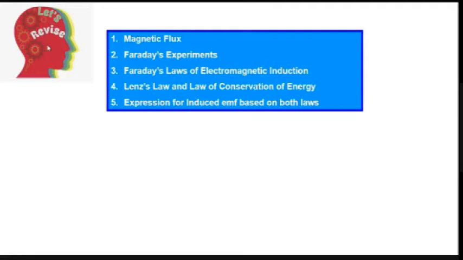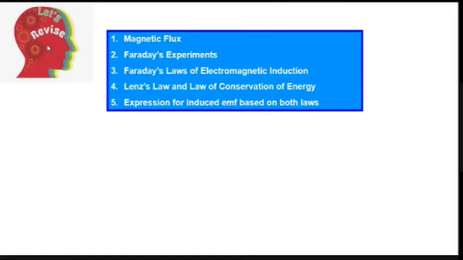That EMF is called induced EMF, or the corresponding current is called induced current. The observations he gave as conclusions in the form of Faraday's laws of electromagnetic induction, and we have seen these laws also. And regarding the direction of induced EMF, we have Lenz's law.